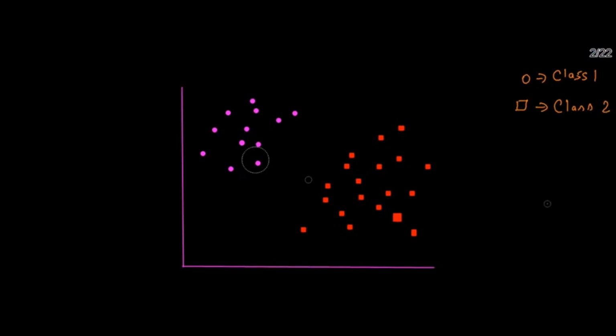Suppose in the future, whenever you are going to work on some project, some new data will come. Let's say this is your test data, or my unseen data, on which I have to do some prediction.